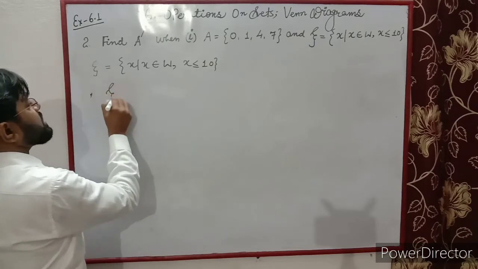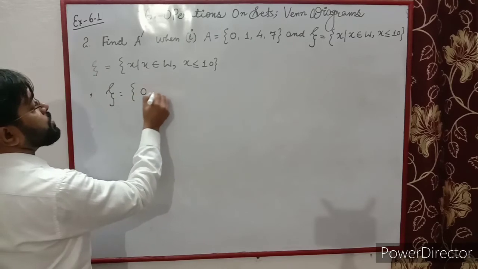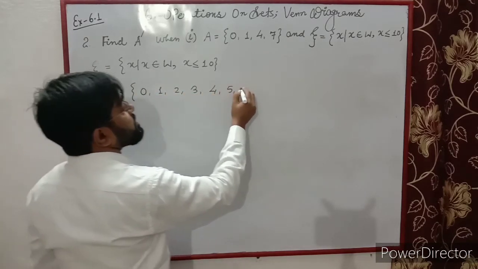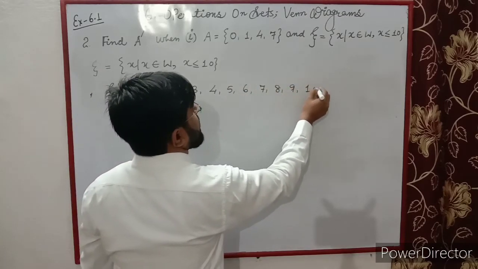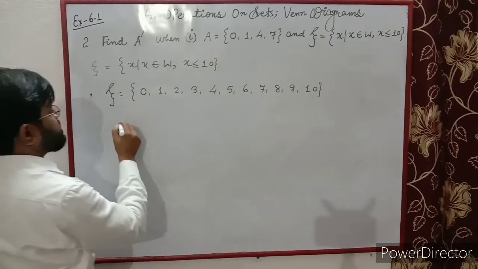So the elements of the universal set are 0, 1, 2, 3, 4, 5, 6, 7, 8, 9 and 10.